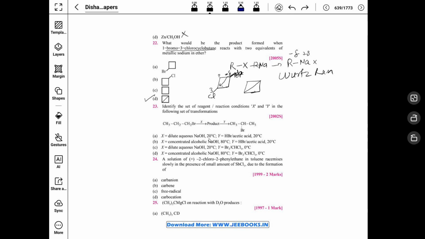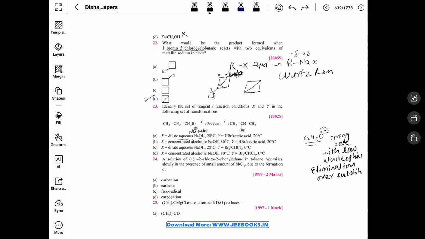It will be nucleophilic, so it will favor substitution, not elimination. Let's look at option B, concentrated alcoholic NaOH. Yes, alcoholic NaOH will give this kind of base, and this is a strong base with low nucleophilicity, which favors elimination over substitution.